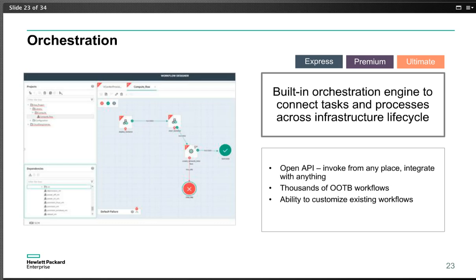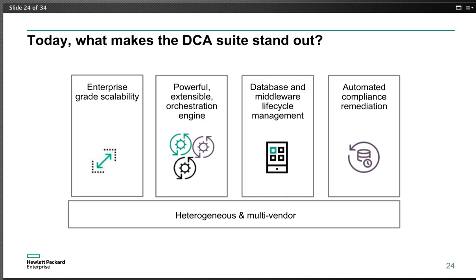So with that, let me give a quick summary about what makes our DCA suite stand out versus some of the other data center automation solutions that you might have in the market. First and foremost, we have enterprise-grade scalability across all of our DCA suite tiers.